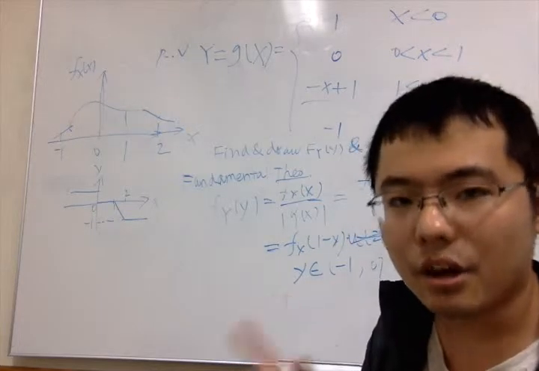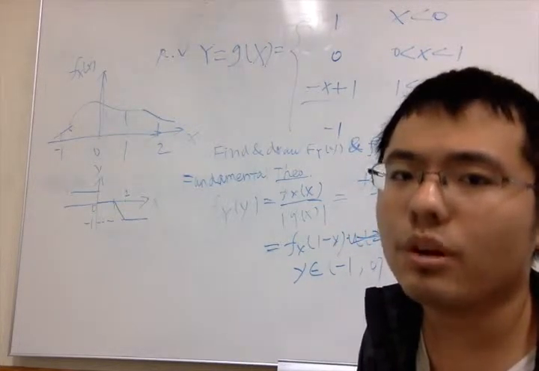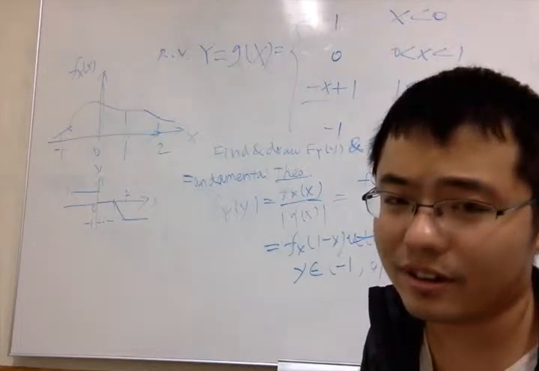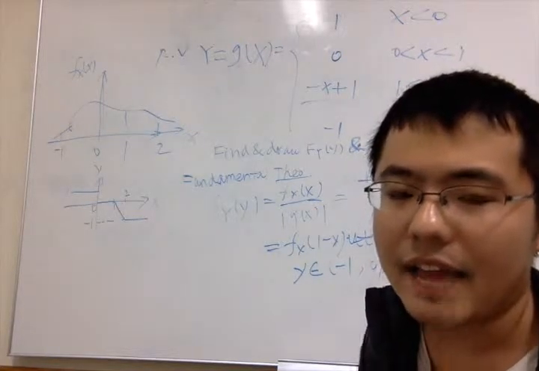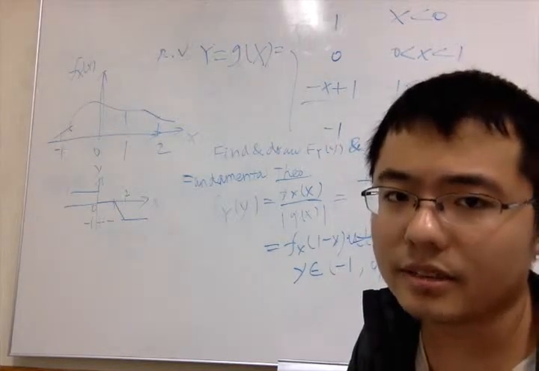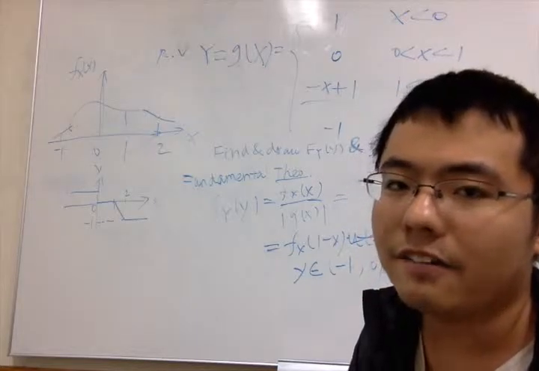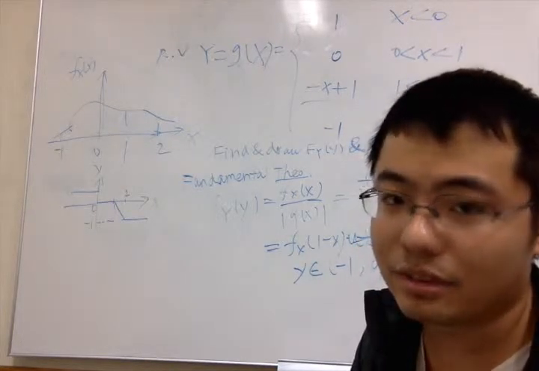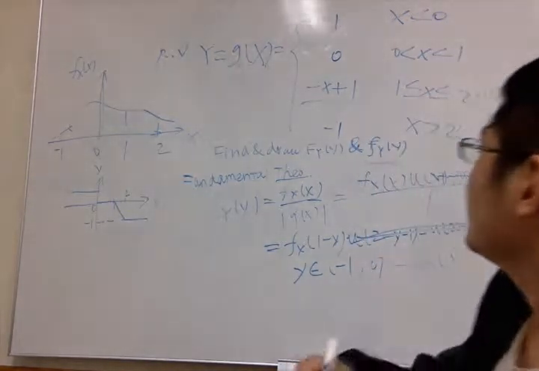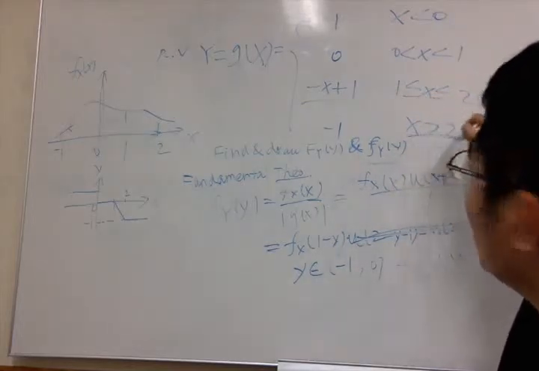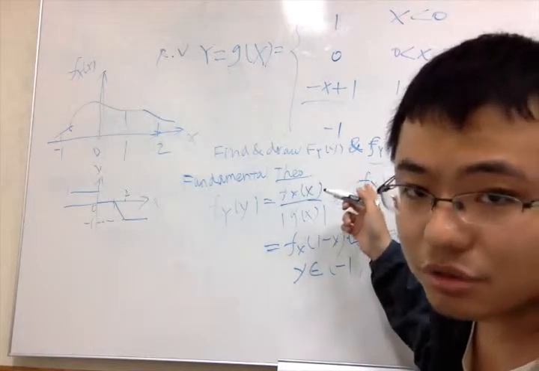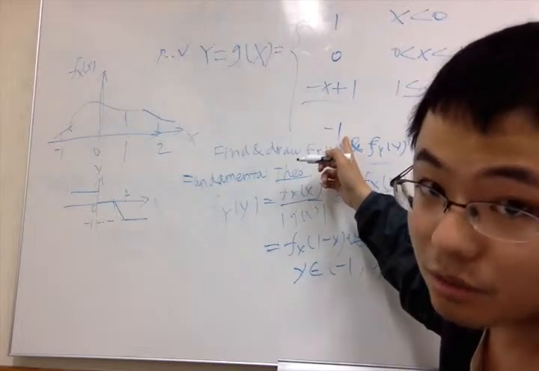The location of the impulse is where y is located, and the area of the impulse function is the probability of x locating in the certain intervals. When x is larger than 2, y is -1.